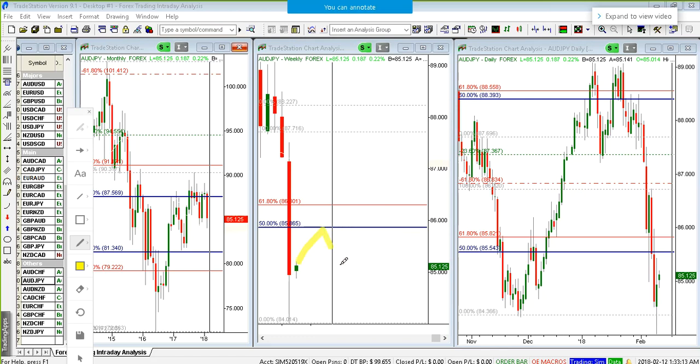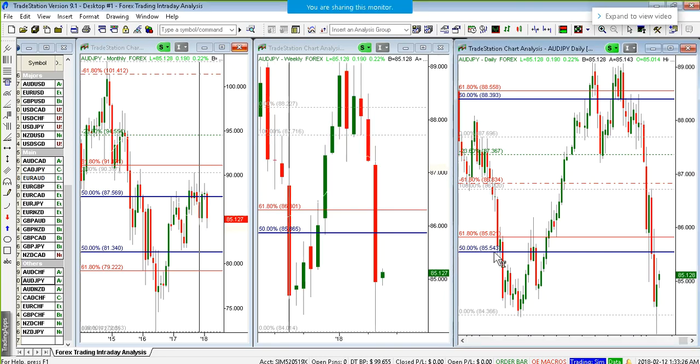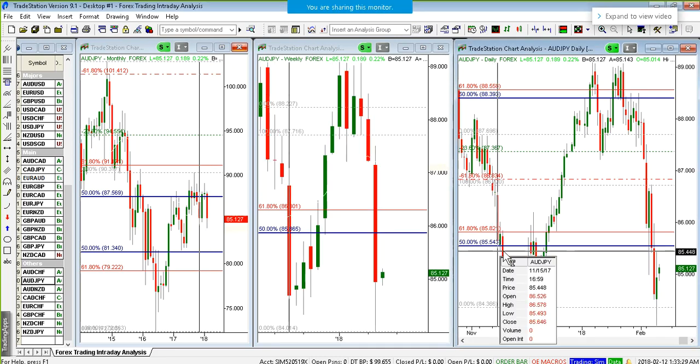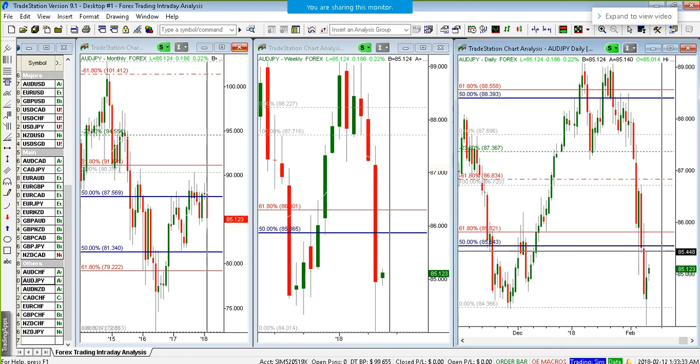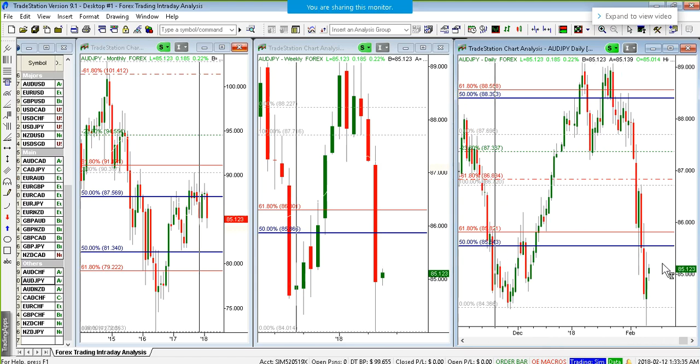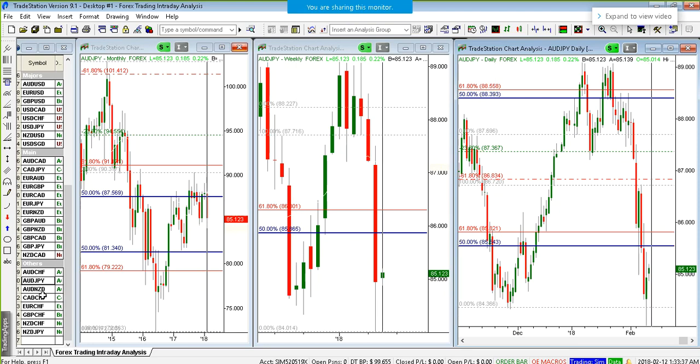Okay, so what I was saying is that if this market comes back to 85.86, there's going to be a good opportunity to trade short into 81.34. And also for this market, of course, there is a 50% short, not way below, but certainly below that on the daily time frame, 85.54, and that would be the same opportunity.